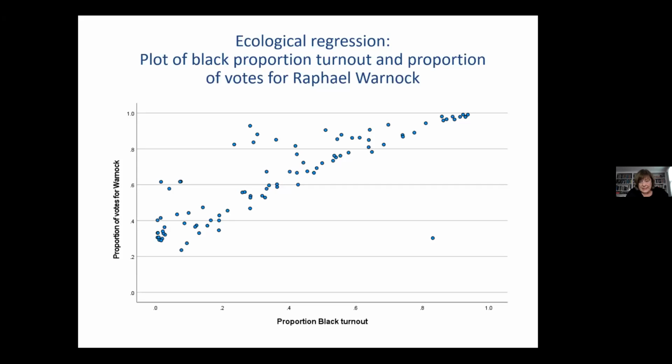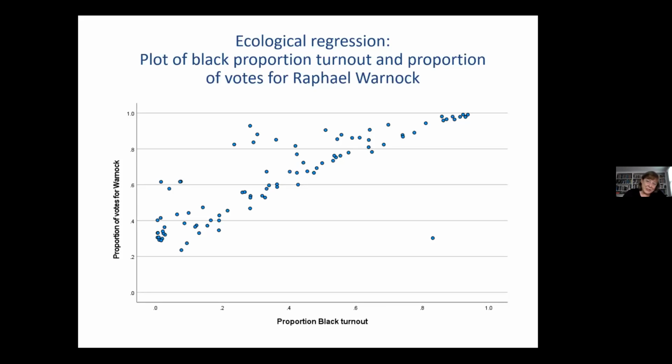And we use this to produce what's called a regression line. The computer will find for us the best fitting line for this pattern, and where the line hits the 0 point is going to be our estimate of the white votes, because of course that's 0 Black turnout. And where it hits the 1 point is going to be our estimate of the percentage of Black votes for Warnock. I'm simplifying this a little bit, and I'm using a jurisdiction in which we actually have Black turnout.